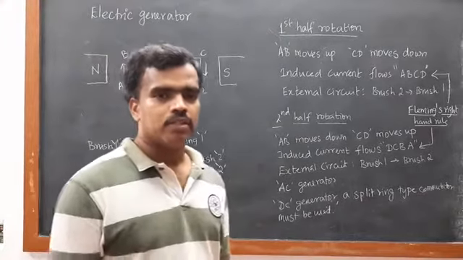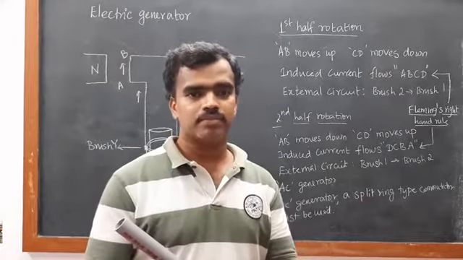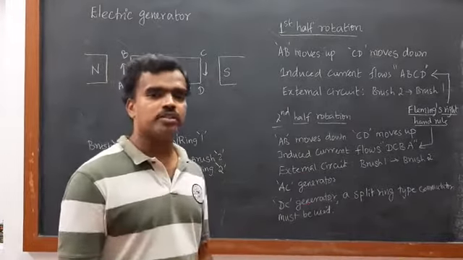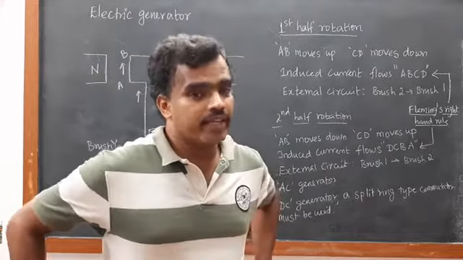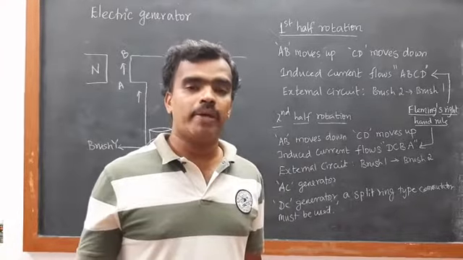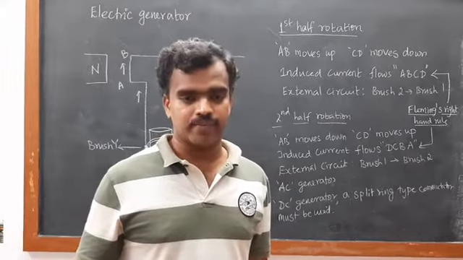Can you say what current you are receiving from your EB line? Yes, of course, we are receiving AC. What is the frequency of AC? 50 Hz. Per second it will vibrate 50 times. Then how many times will it vary? The time period is 1 by 100 second.